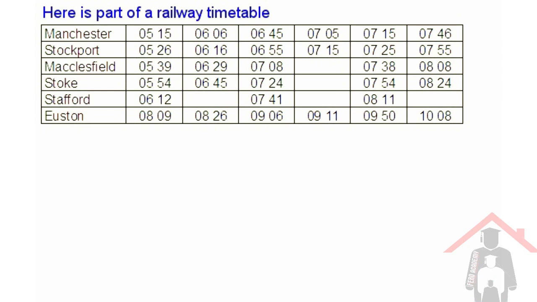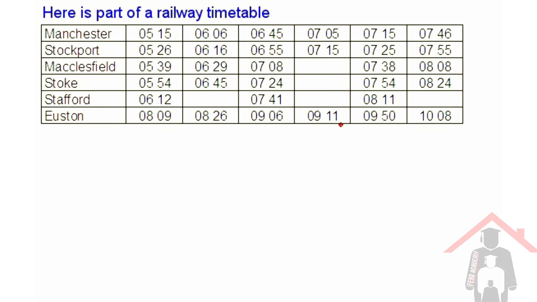Reading the timetable across, what we've got is different trains. So you can catch a train in Manchester at 5:15, 6 minutes past 6, 6:45, and so on. If you wanted to catch a train from Macclesfield, you could catch one at 5:39, 6:29, 8 minutes past 7, 7:38, or 8 minutes past 8.